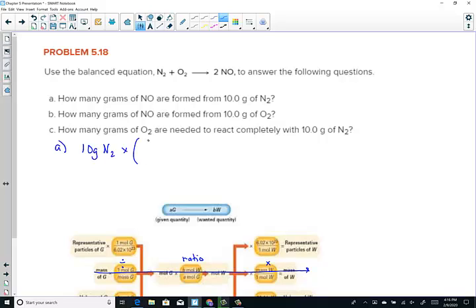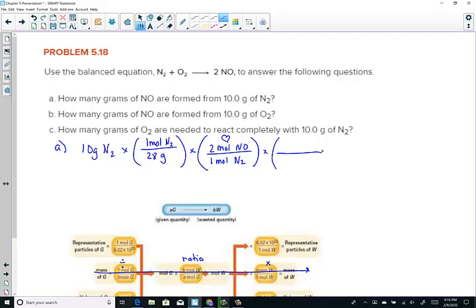We use the molecular weight of nitrogen. 2 N's added together is 28 grams. We're at the heart of our stoichiometry problem. We want to know NO. Its coefficient is a 2. Starting from moles of nitrogen, its coefficient is a 1.